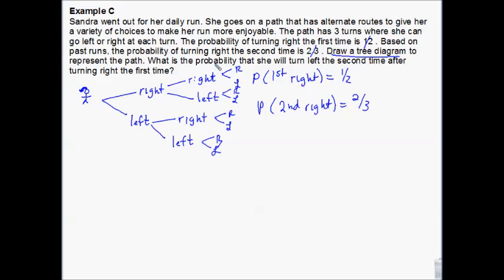What is the probability she will turn left on the second turn? Well, if it's a 2/3 probability that she'll go right, it's 1/3, right? Because she can only go right or left, so it's 100% she'll go one way or the other. So it's 1/3.